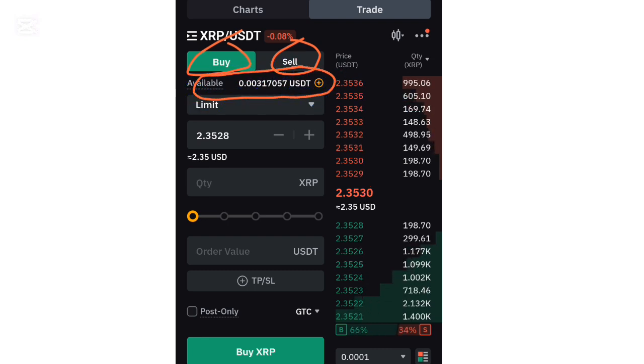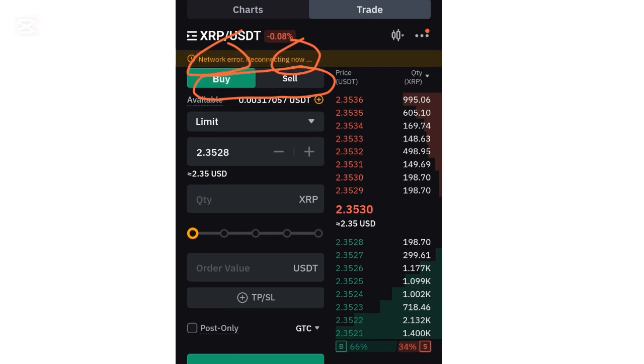This is where you are going to see the USDT that you are going to be using to buy the coin you want to buy. If you are having 10 USDT, you are going to see it reflect here. If you are having 5 USDT, you are going to see it reflect here.